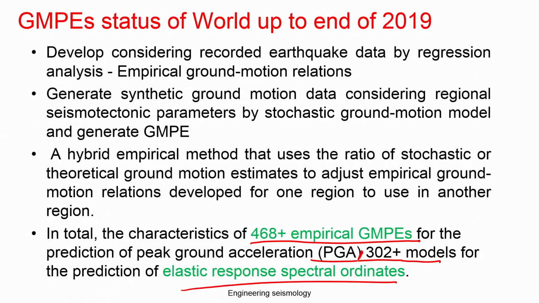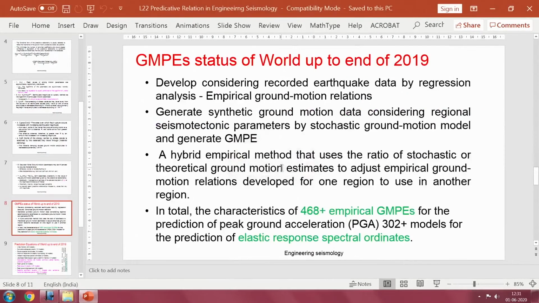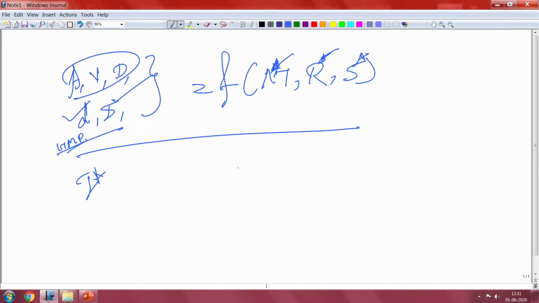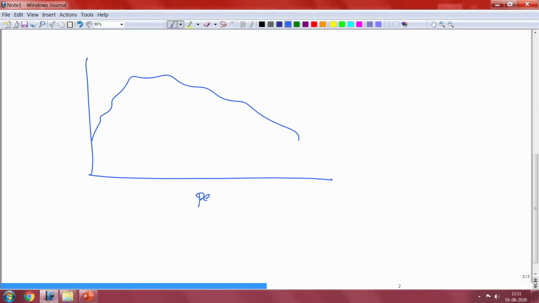What is the difference between these two that we are trying to discuss here? Basically, there are equations which give only PGA, that means you cannot get values at different spectral periods. As we have discussed in the response spectrum, you have two types of data. One is the response spectrum, where this is your period, and this will be your ZPA, which is also equal to PGA, which we have discussed. So, this is with time: 1 second, 2 seconds, 3 seconds, 4 seconds, something like that.